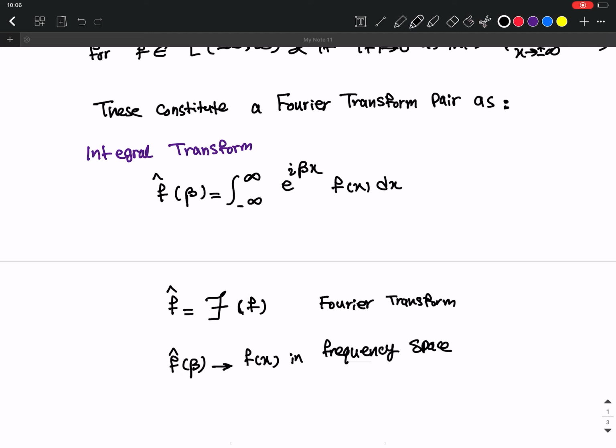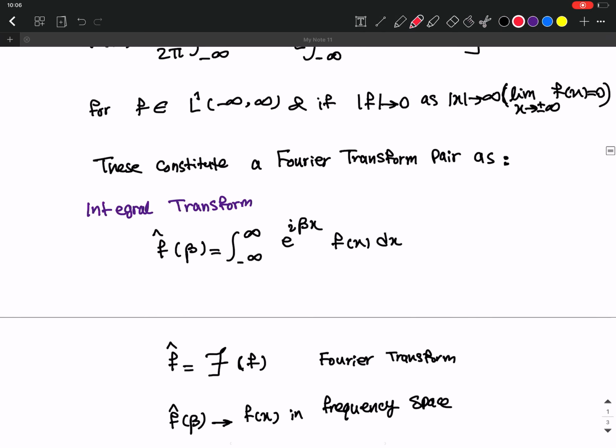Sometimes you might see this nomenclature might be different. For instance, if you look at some books, they might define it as integral from minus infinity to infinity of e to the minus i omega x f(x) d omega, right? And omega is like frequency. So these are other definitions.